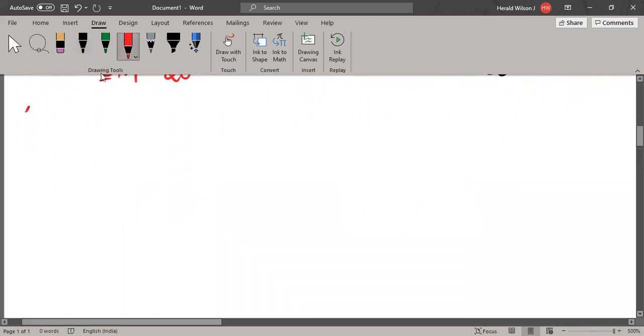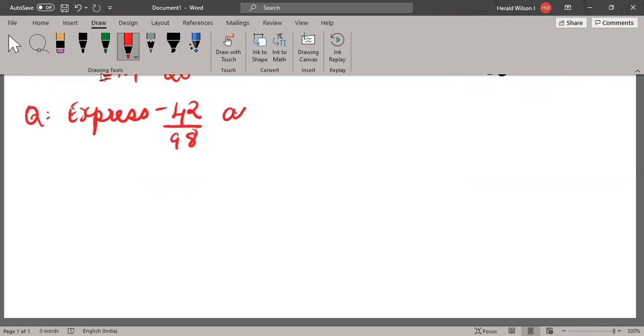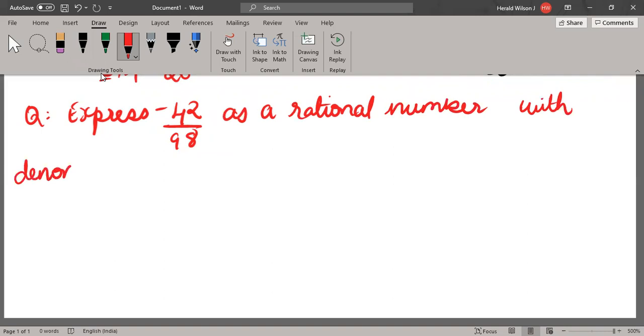So the next question is: express minus 42 by 98 as a rational number with denominator 7.